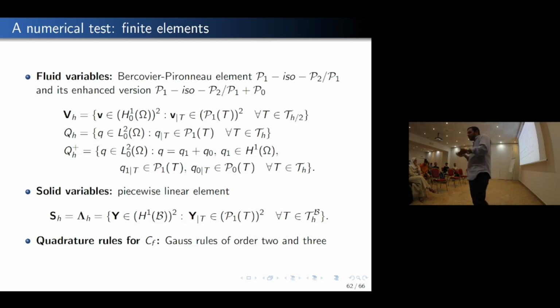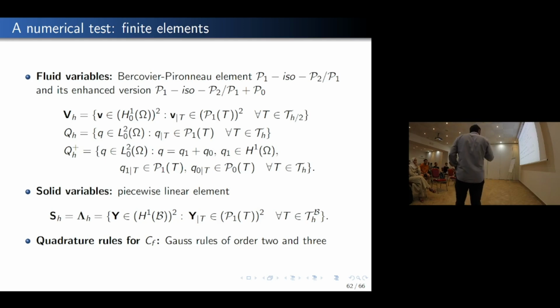We need to use the same number of degrees of freedom, and this means that we have to work with 2 meshes, because in the P1 iso P2, instead of using quadratic finite elements, we use linear finite elements. So VH is piecewise linear on a mesh that we call TH half, because QH or QH plus enhanced are defined on a mesh TH, and each pressure element is divided into 4 elements connecting the midpoints.